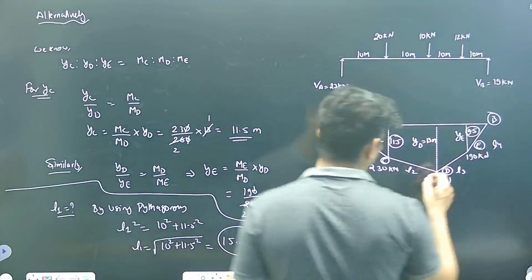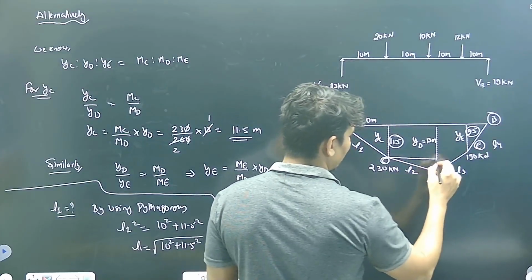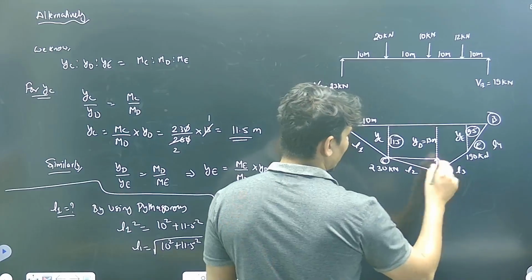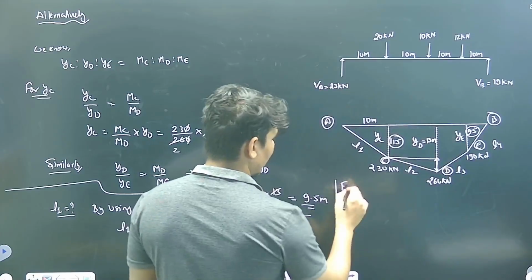Similarly, if you want to find this, see here, what does this perpendicular distance become? Total 13 minus 11.5. Let me show one more, for L2.